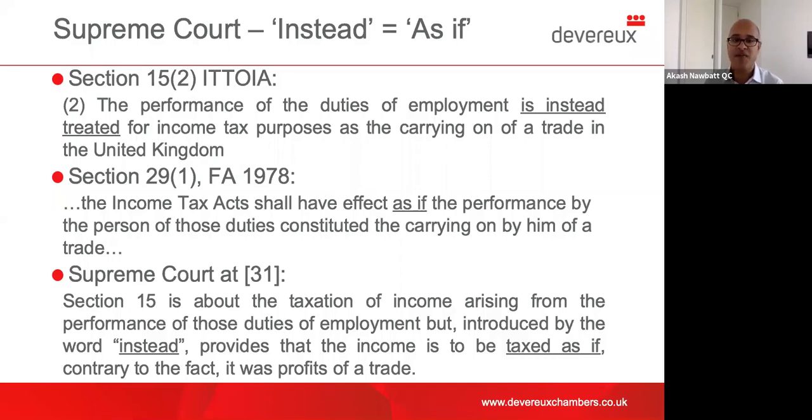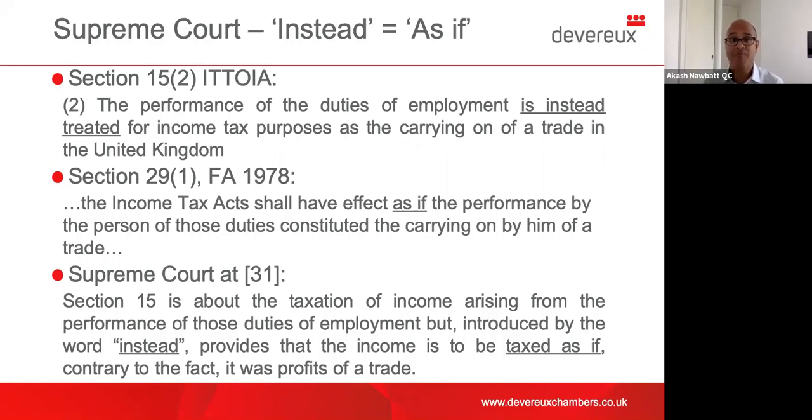Section 15 is about the taxation of income arising from the performance of those duties of employment, but introduced by the word instead, provides that the income is to be taxed as if, contrary to the fact, it was profits of a trade. So the Supreme Court's conclusion was that in fact the use of the word instead was a synonym, meant the same as if in the previous legislation.